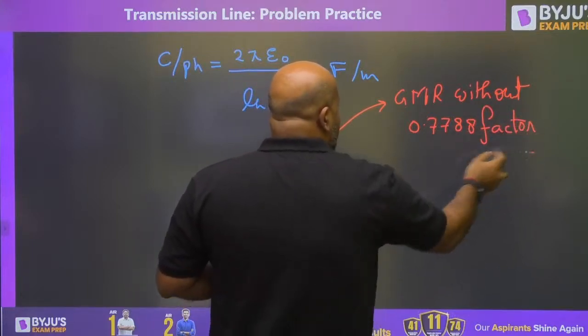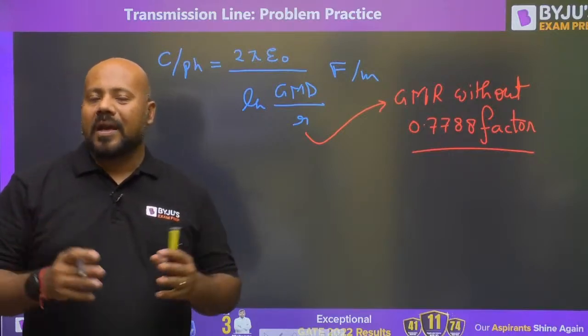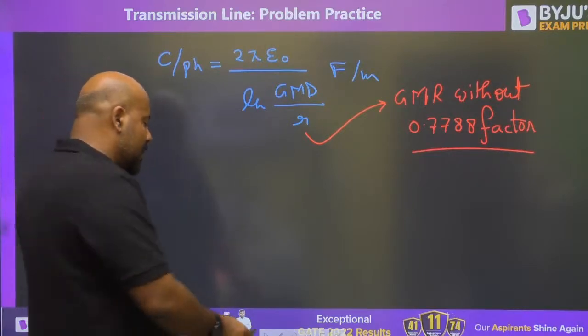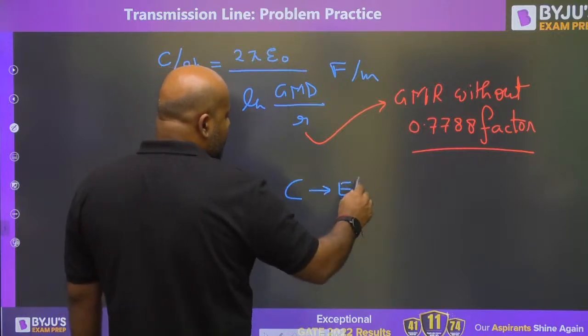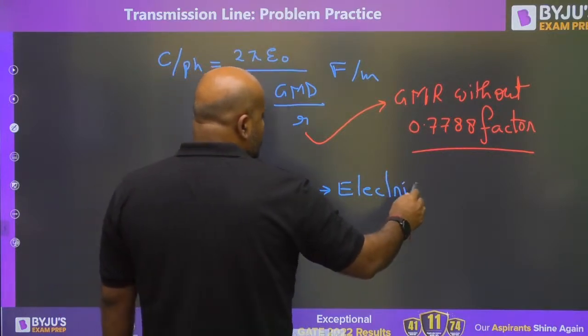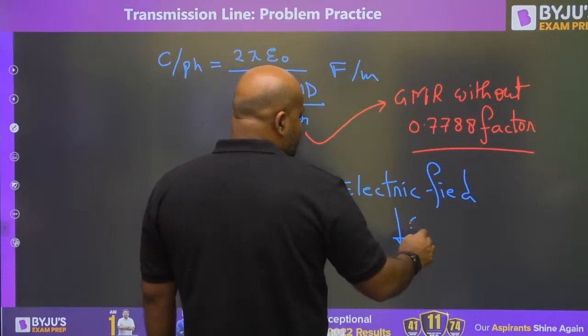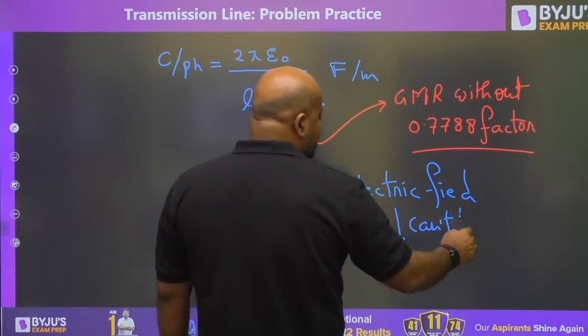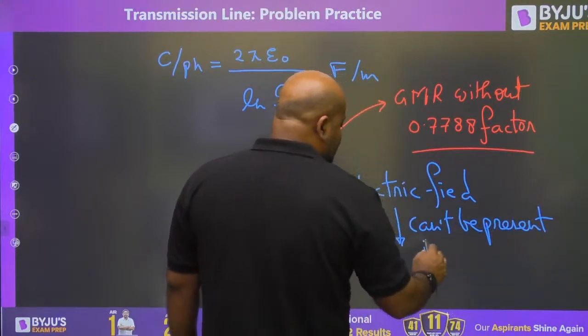What is the reason why we are not using the factor 0.7788 when dealing with the capacitance? The reason is when you talk about the capacitance, you talk about the electric field, and you know that electric field cannot be present inside the conductor.